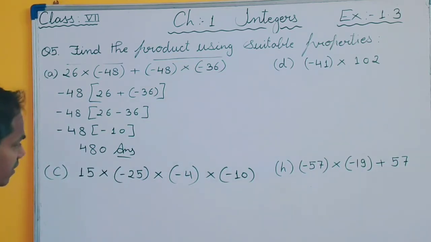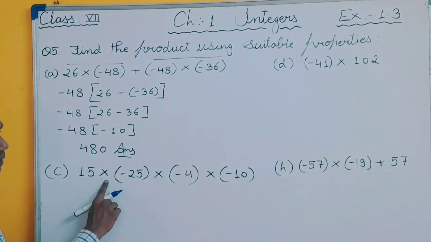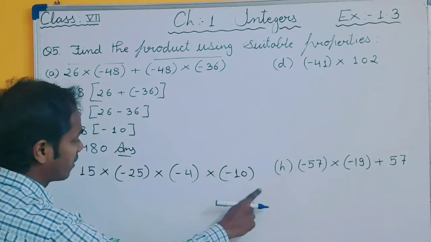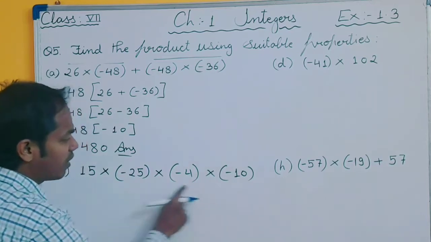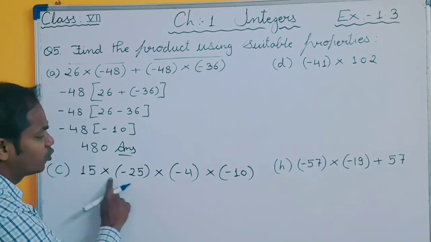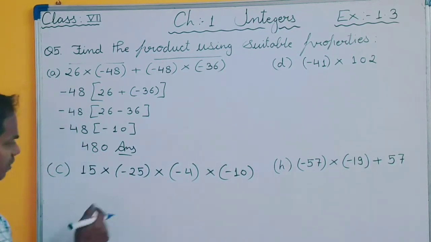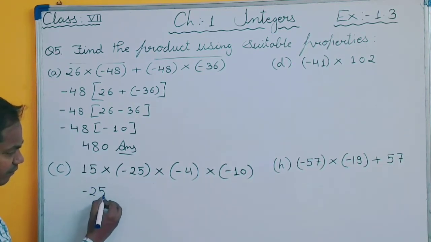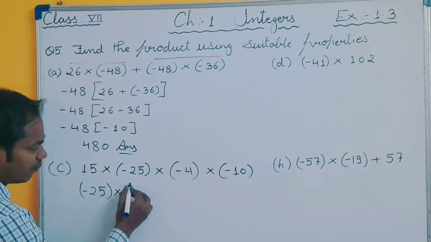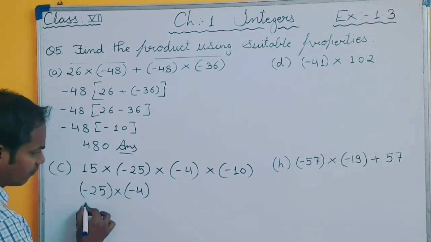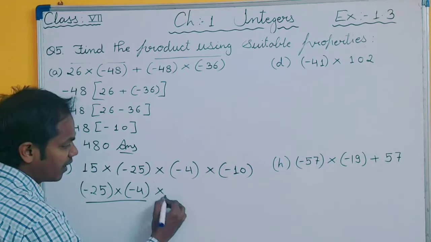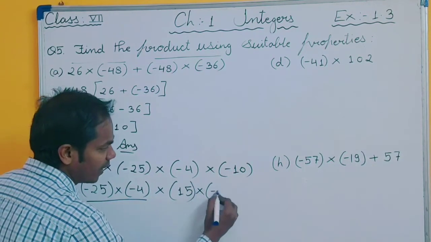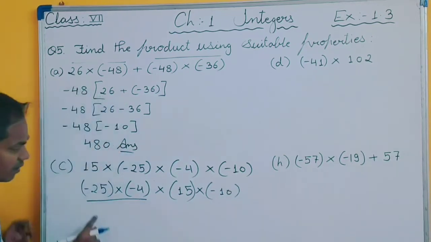Okay. Same question here. See, 15 multiplied by minus 25 multiplied by minus 4 multiplied by minus 10. All the values are multiplying to each other. So here I will make group. So minus 25 multiplied by minus 4. One group is this. And 15 multiplied by minus 10.